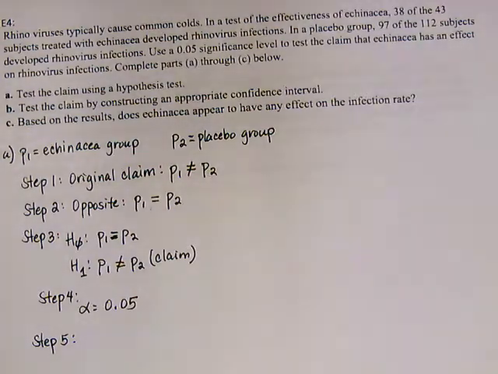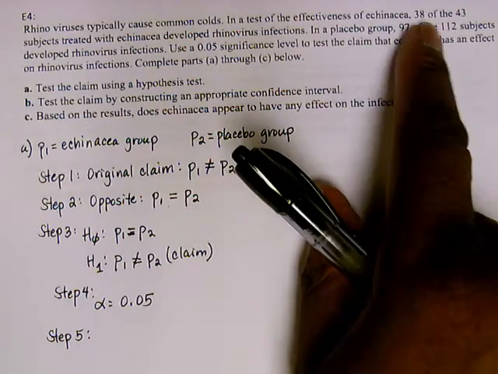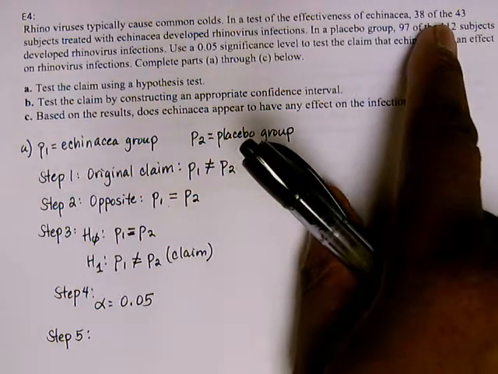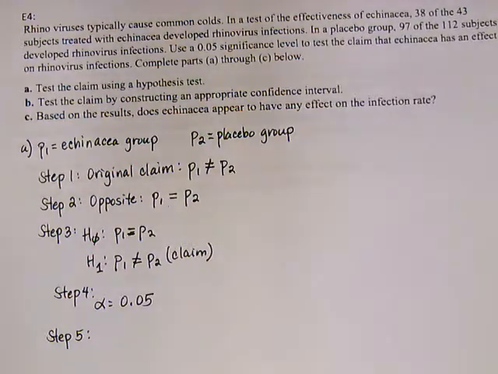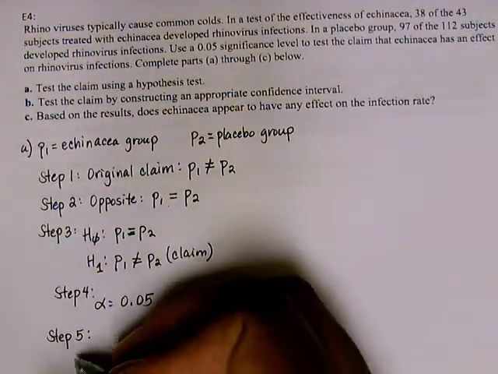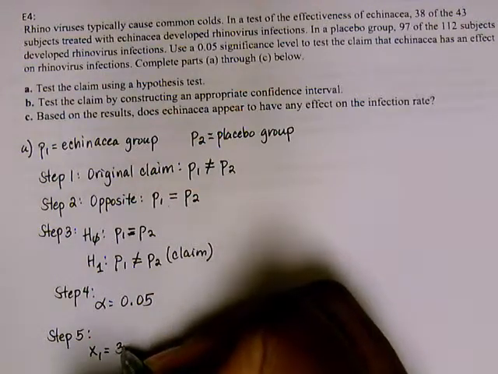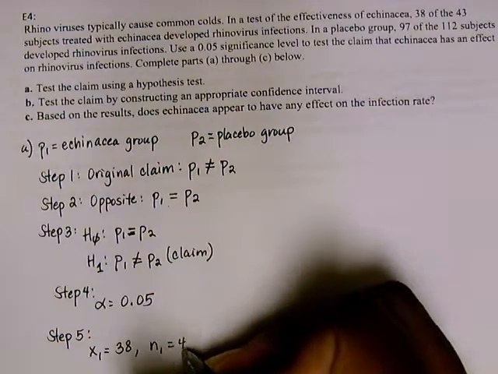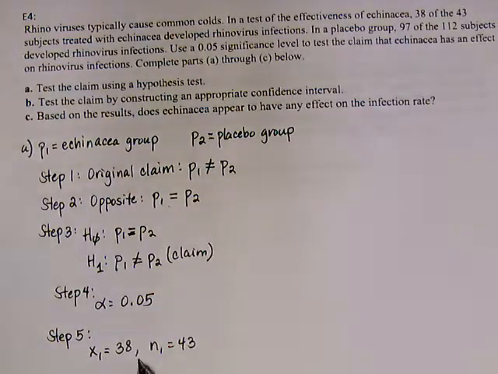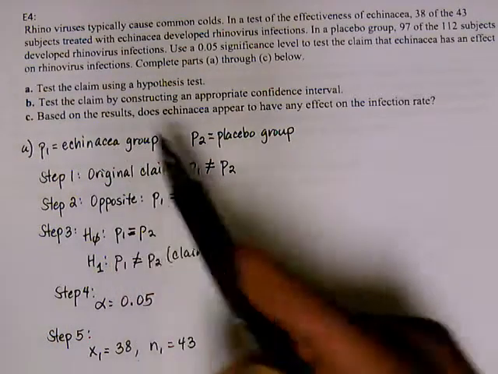Okay, in this case here, 38 of 43 subjects were treated with Echinacea, and they developed the rhinovirus infection. So here, your X1, that's the number of successes, is 38. N1 is 43, because that's coming from P1, which is your Echinacea group.